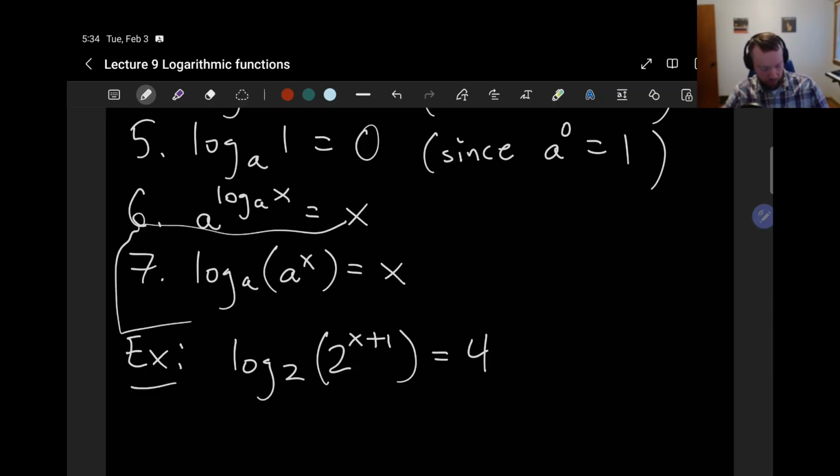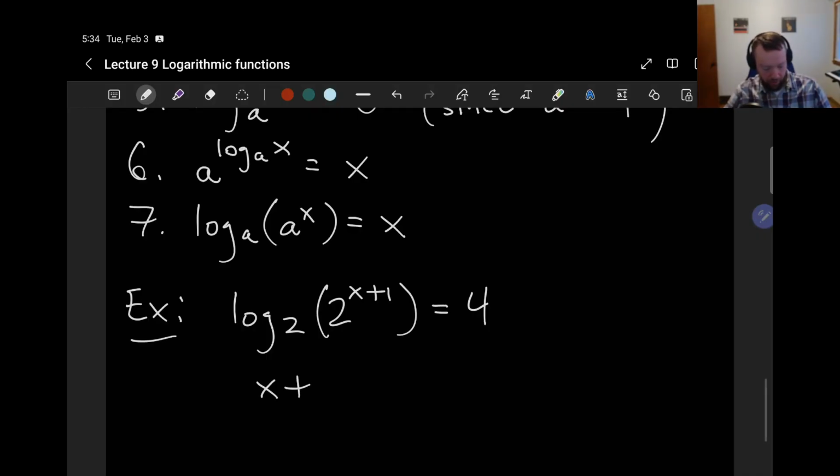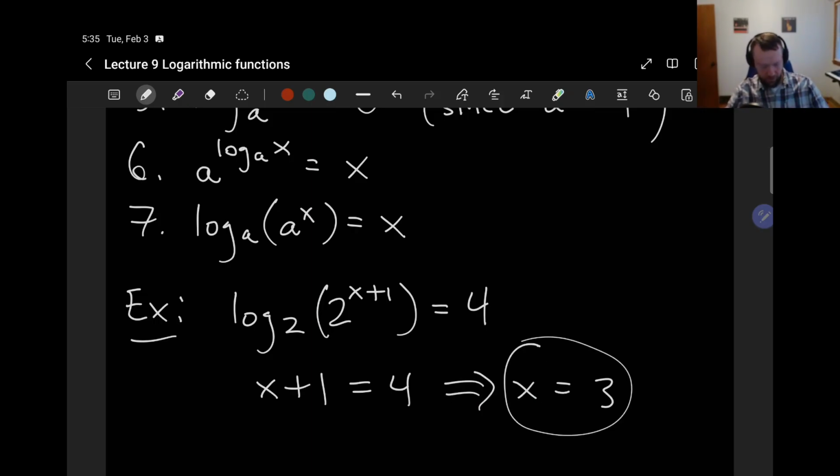I'm applying this property 7, where these things essentially cancel out, and we're just left with that power x plus 1. And then that's a whole lot easier to solve. Subtract 1 from both sides, and x equals 3.